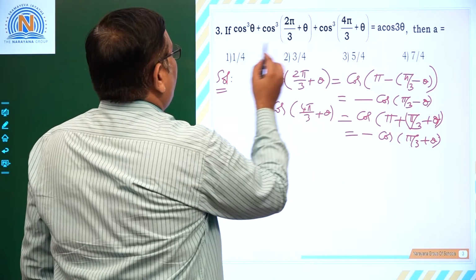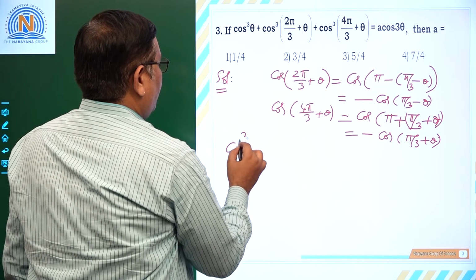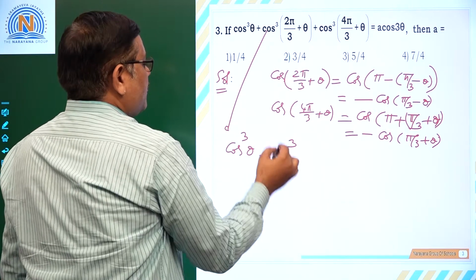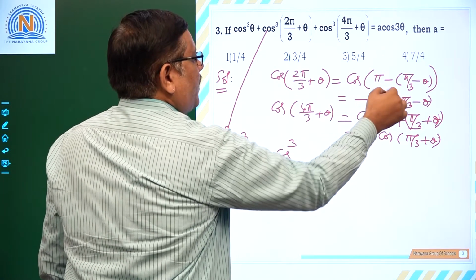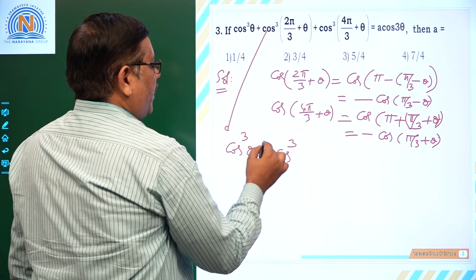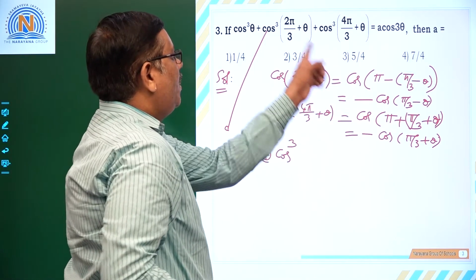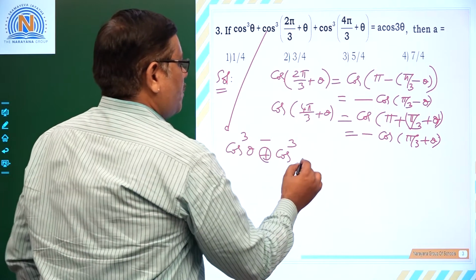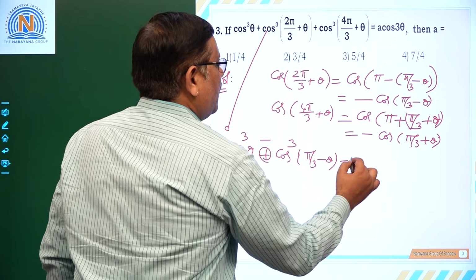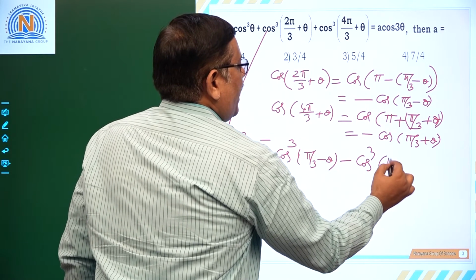Now, what do you need now? Cos cube theta plus cos cube of this result. I write it as cos cube of what, right? This value. So this will be negative here, minus cos cube, because with minus you have power 3. So you get minus cos cube of pi by 3 minus theta. Similarly here also, minus cos cube of pi by 3 plus theta.